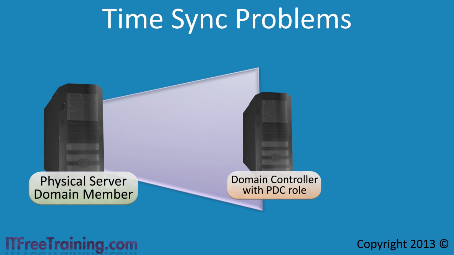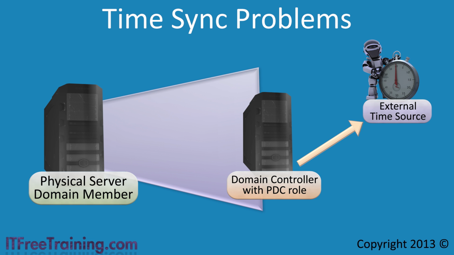This domain controller has the PDC emulator operations master role. Since the PDC emulator is used to effectively sync all computers in the domain, you want the time to be correct. For this reason, you sync the domain controller to an external time source. The problem with this approach is that you can see that the physical computer will attempt to sync its internal time clock to the virtual machine.